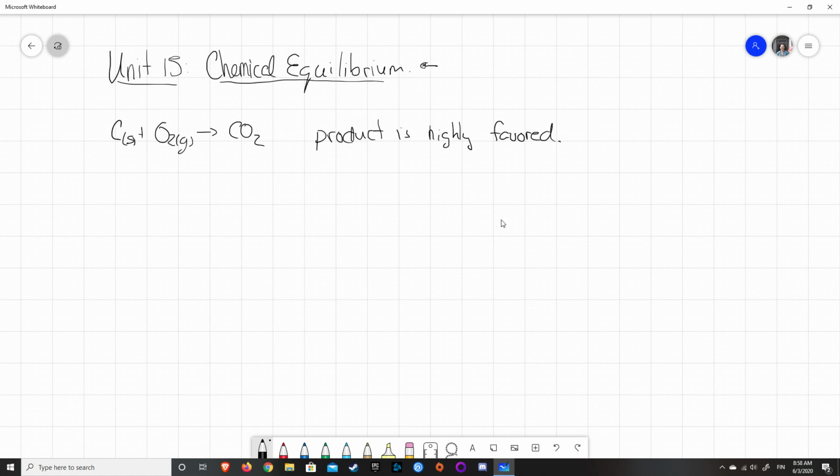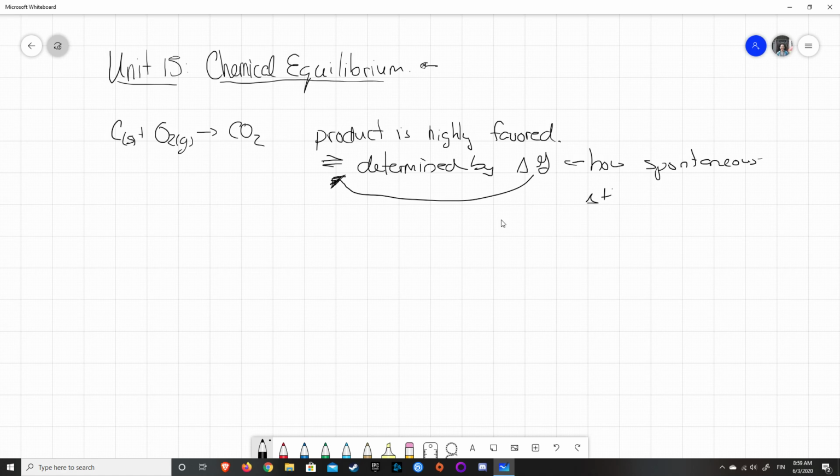But actually, reversibility is determined by our delta G value, by our Gibbs free energy. And this energy is what determines what reactions will be reversible and which ones won't be reversible. It depends on how spontaneous it is, which means that it depends on our delta H values as well as our delta S values as well as temperature.